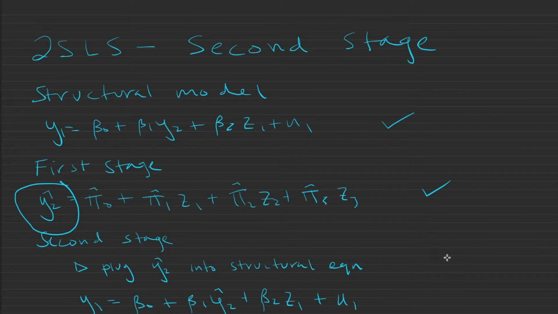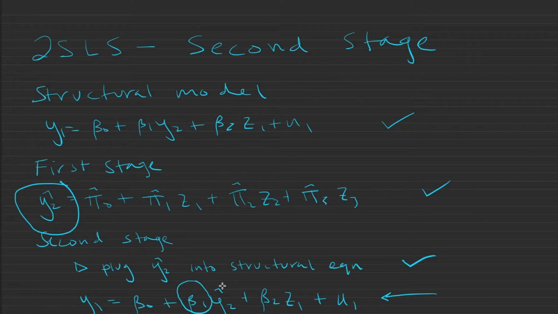The second stage is to plug y2 hat into the structural equation. We can then run this equation, regress y1 on y2 hat and z1, and get an unbiased estimate of beta 1.